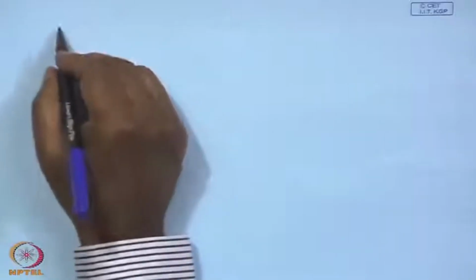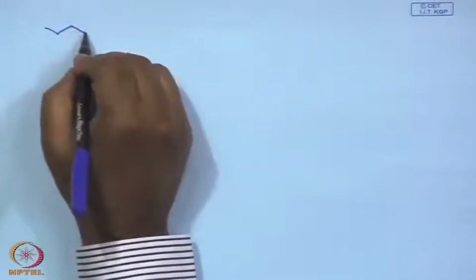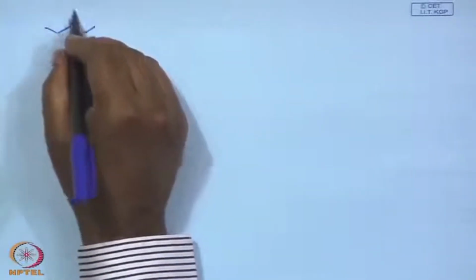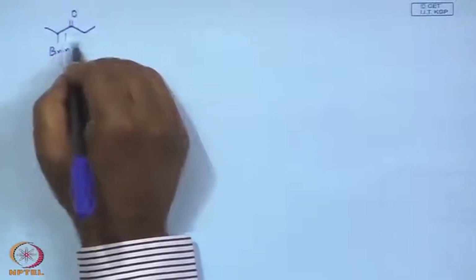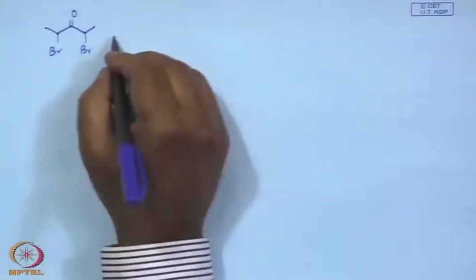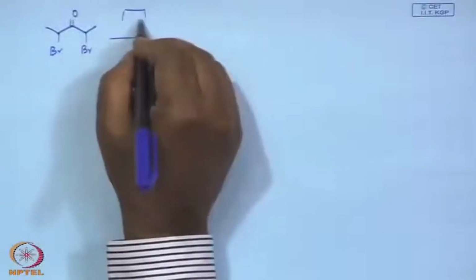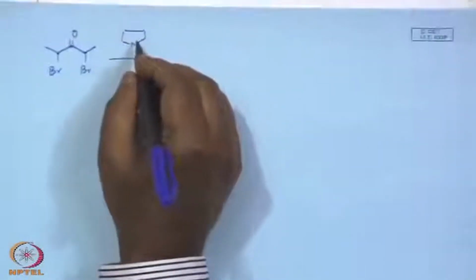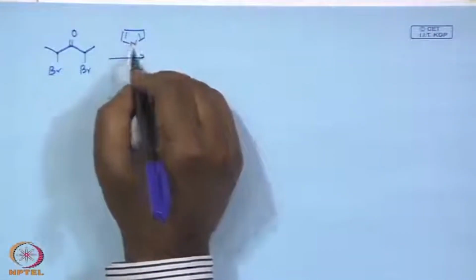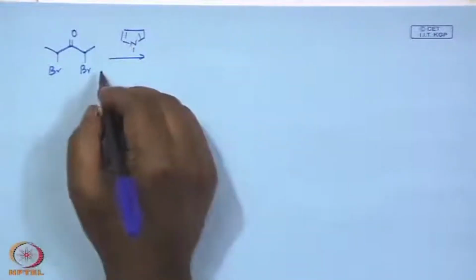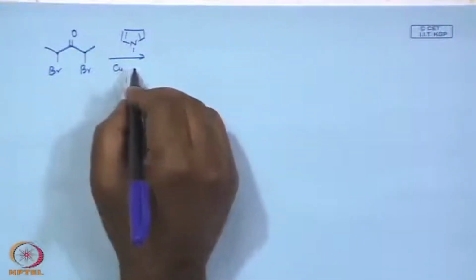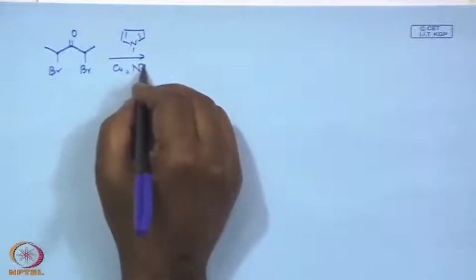Let us look at other examples here. In this case you have produced these oxygen heterocycles. Similarly, if you begin once again with a bromide here, and then treat this with a pyrrole moiety and then copper, normally copper bronze is used, and sodium iodide.